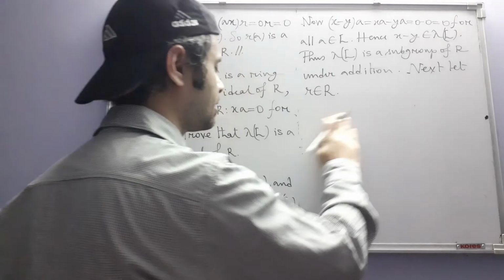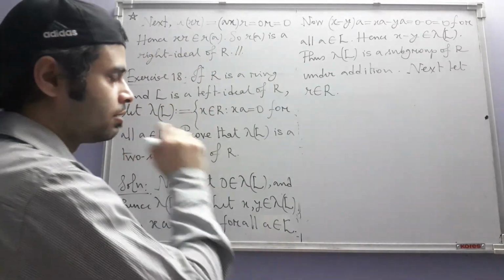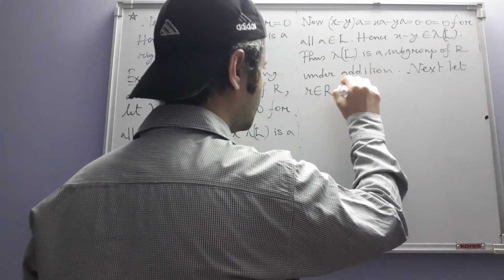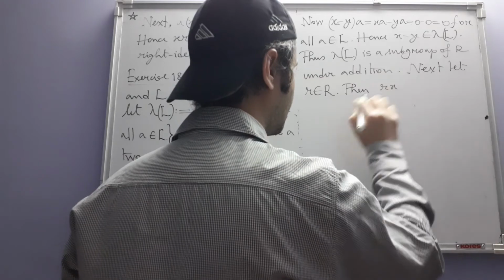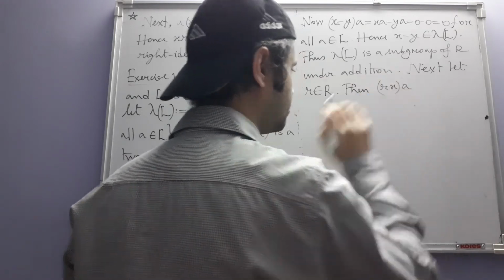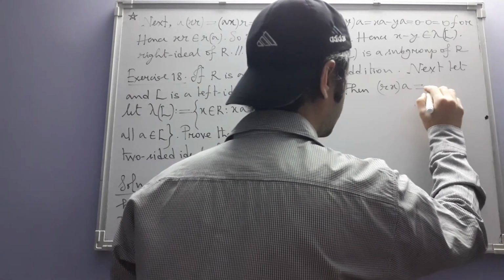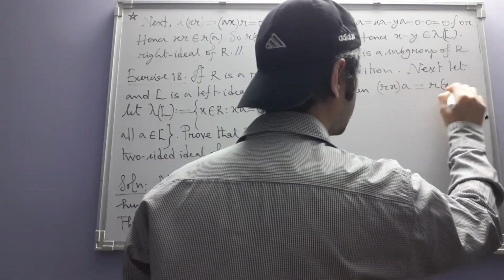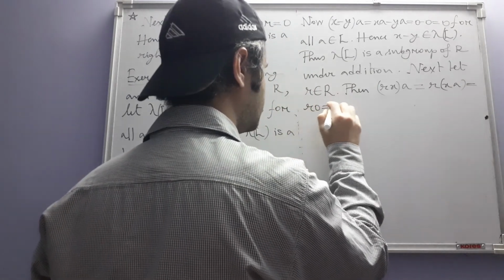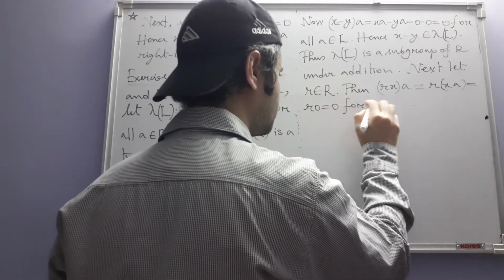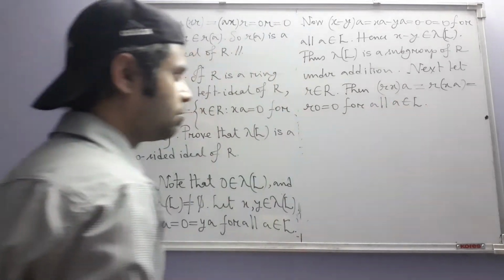So let us first say that rx belongs to lambda L. Then rxa can be written like this: r times xa, and this is equal to r0, equal to 0, for all a belonging to L. Why?